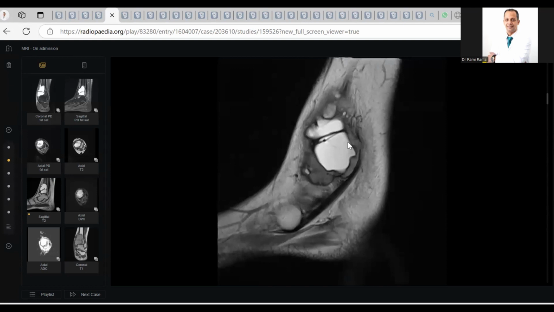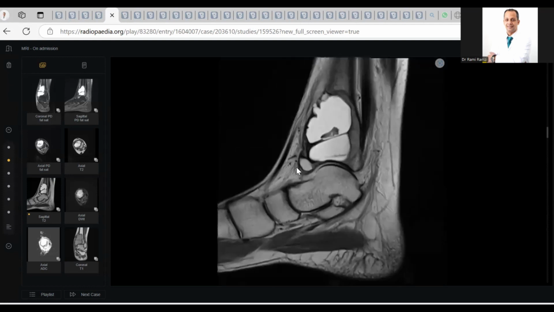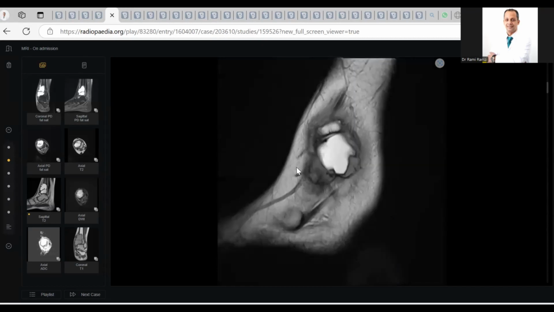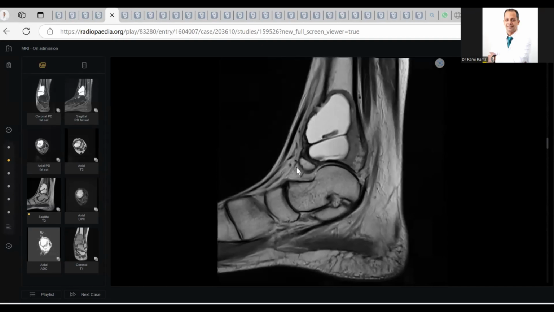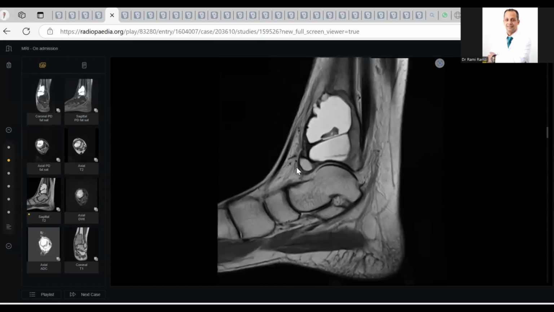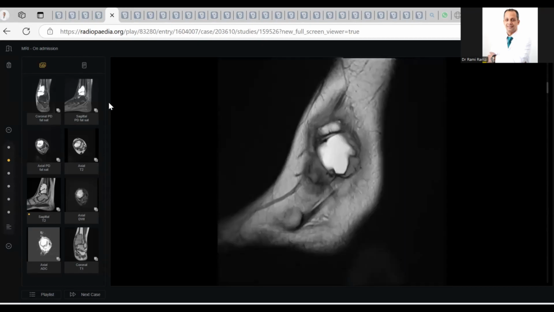You must put a giant cell tumor before aneurysmal bone cyst. This is very important. Aneurysmal bone cyst overall is a benign condition, but giant cell tumor is a locally malignant condition.